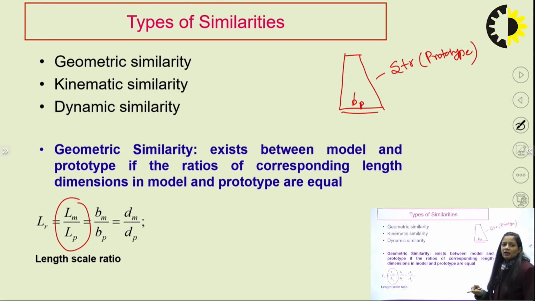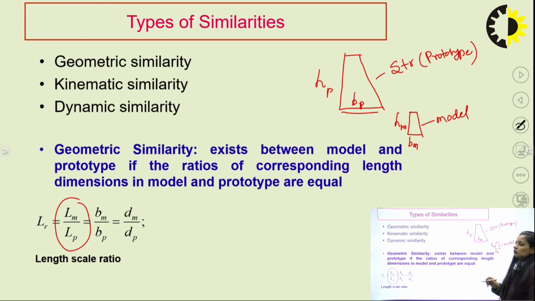When I build a model based on this structure, let us suppose I design it with a base BM, and this is your model. Let this be the height, which we write as HP, and the height for the model as HM. So ratios of corresponding dimensions in prototype and model should be equal.